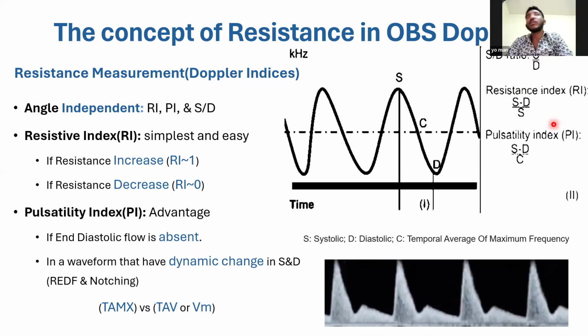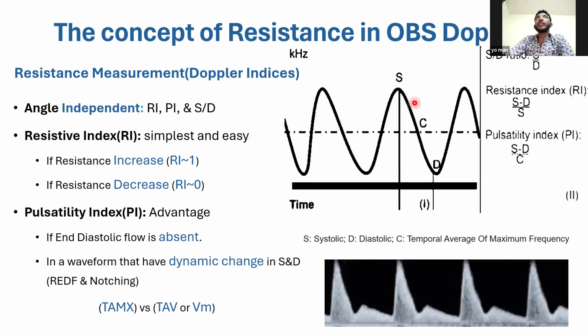It doesn't mean anything. So in the case of absent diastolic flow, the pulsatility index is the only option. The second advantage of the pulsatility index is in waveforms that have a dynamic change between systolic and diastolic, such as reversal of diastolic flow.